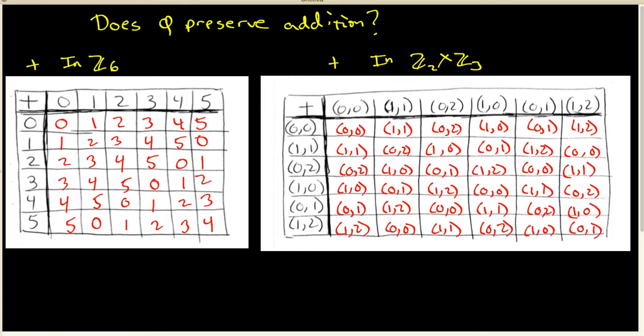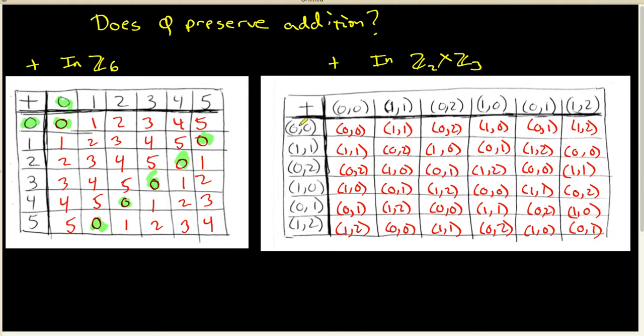Now to check out whether or not phi preserves addition, I'm going to be looking at patterns, and I'm basically going to be using colors to keep track of things. So we're going to color every zero with this pretty green color in this table over here. And you'll notice that the zeros form a very distinctive pattern.